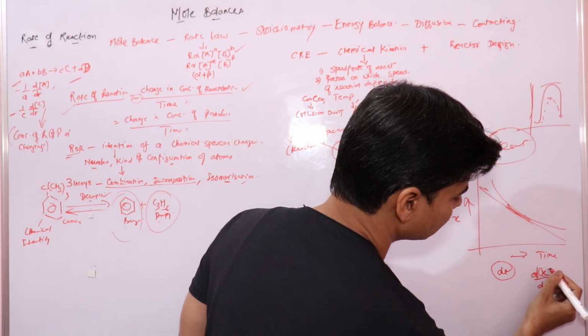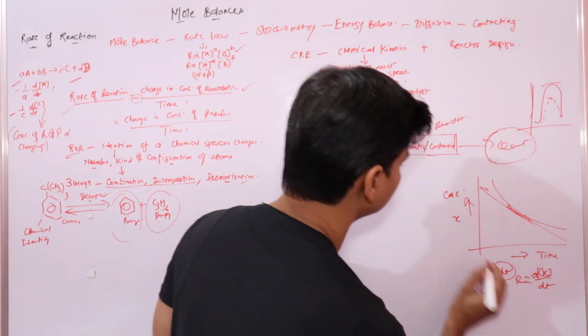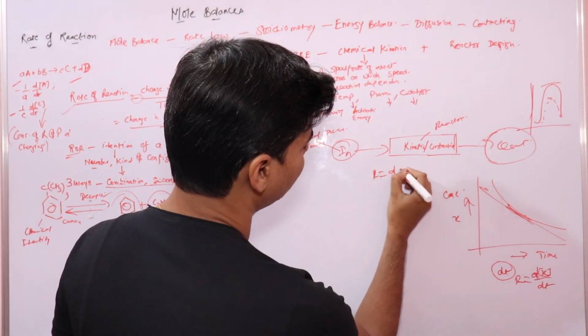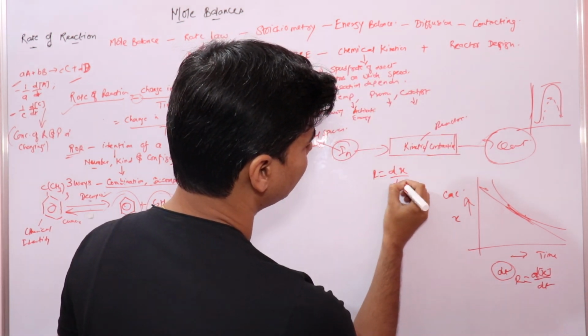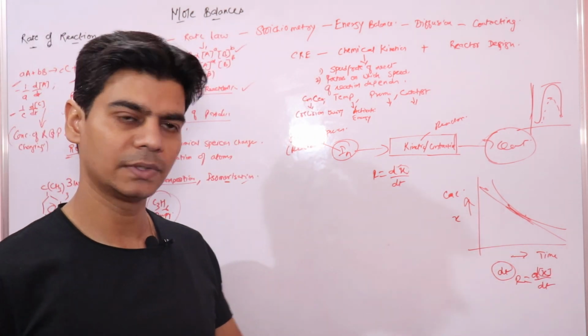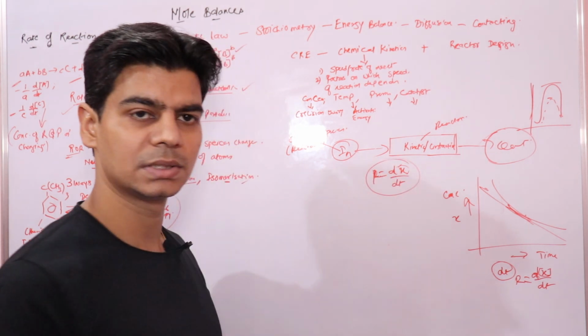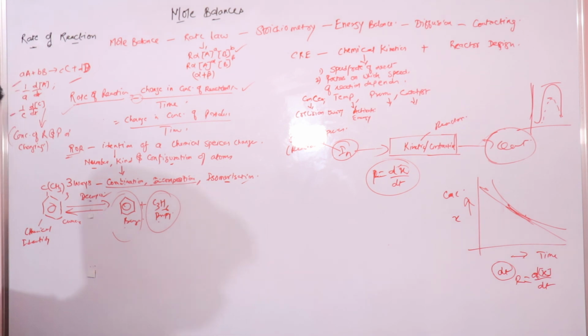So this is your rate of reaction. The concentration of x is changing with time. So at time t, this is your instantaneous rate of reaction, dx upon dt.